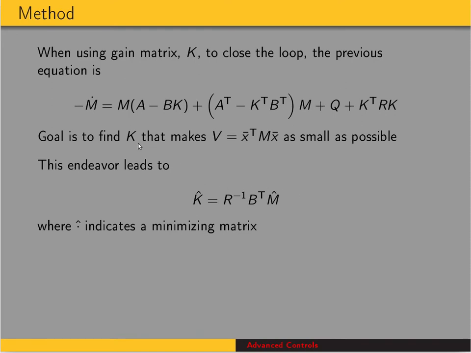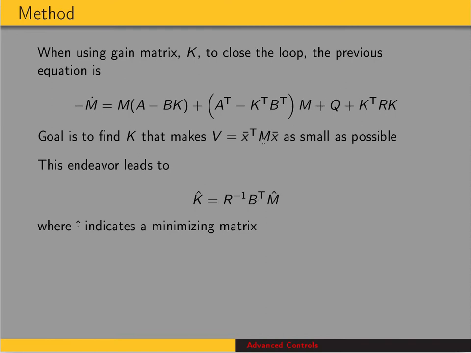Now, working to find K, we're going to skip some steps and just get this equation. So now we have K hat in terms of M hat, and the hat indicates a minimizing matrix. So this K is the K that minimizes V whenever we use it, and so that's related to M hat according to this equation.